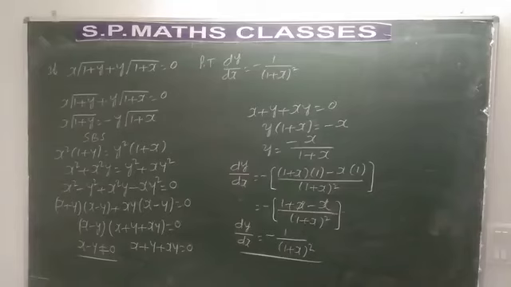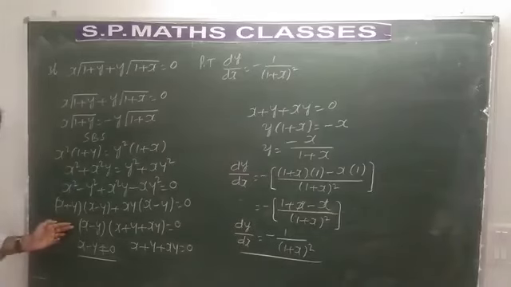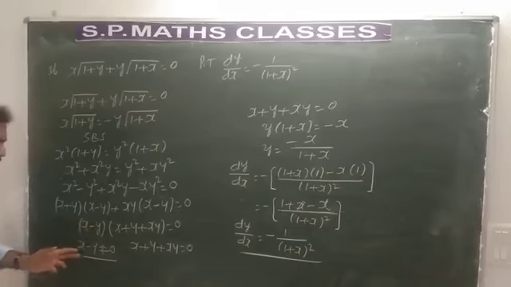One of the important problems has been given in miscellaneous problems: x root 1 plus y plus y root 1 plus x is 0. You need to prove dy by dx as minus 1 by 1 plus x the whole square. So first, x root 1 plus y is equal to minus y root 1 plus x. Square it, you will be getting this expression after simplification. x minus y is not equal to 0.